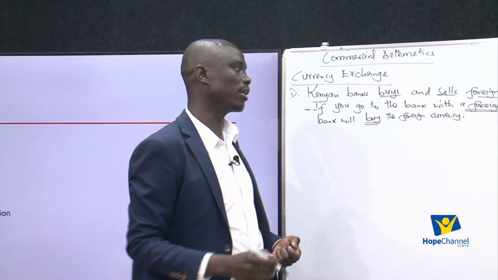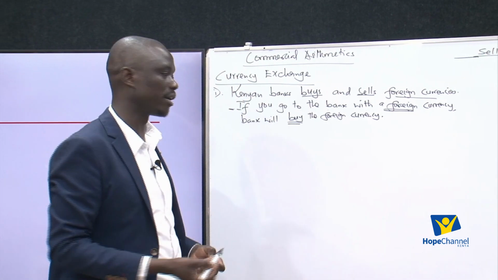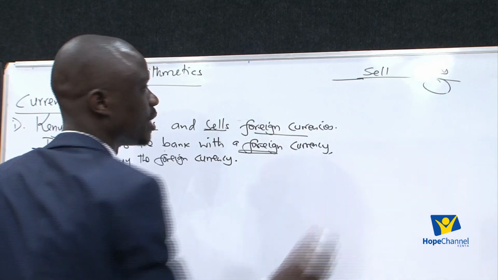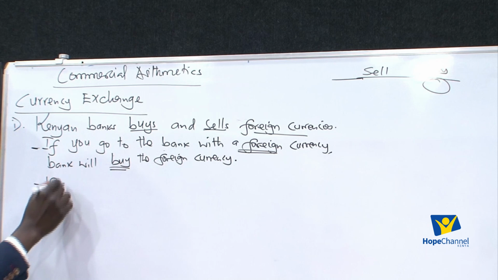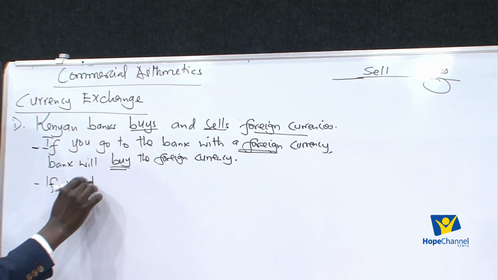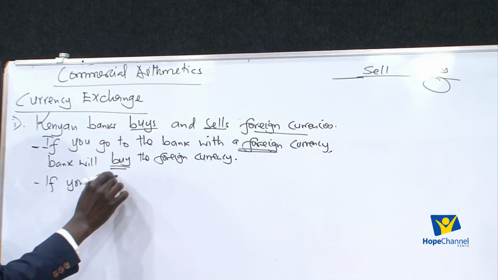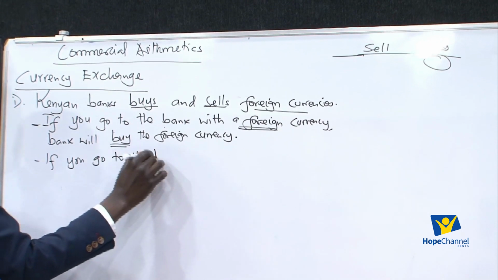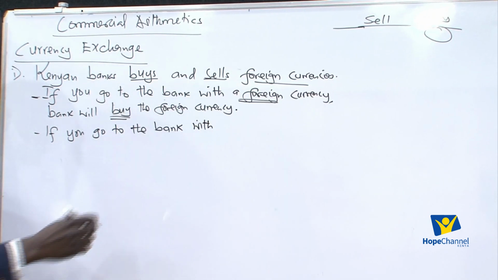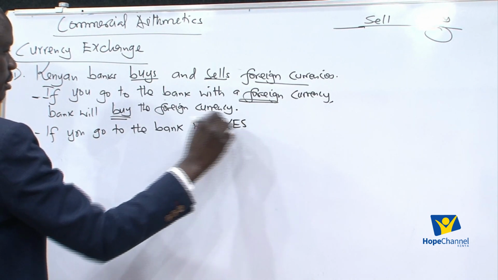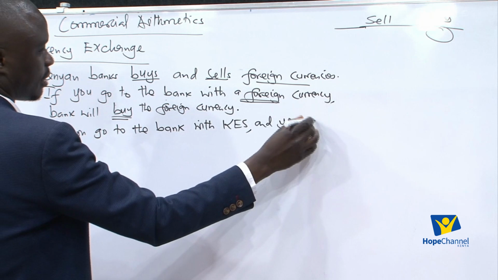So buy and sell. If you have the foreign currency and you are going to the bank, you want the Kenya shillings, we are going to use the column of what? The column of buying. What about if you go to the bank with Kenya shillings, and you want a foreign currency?